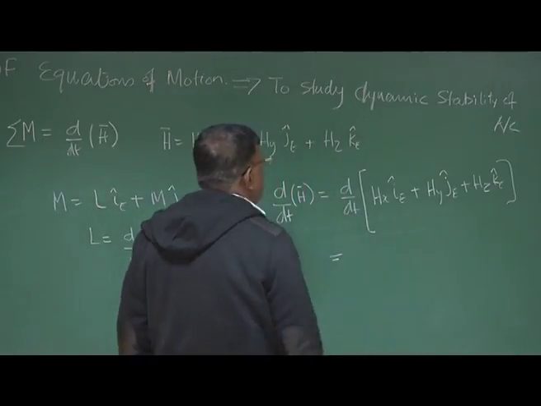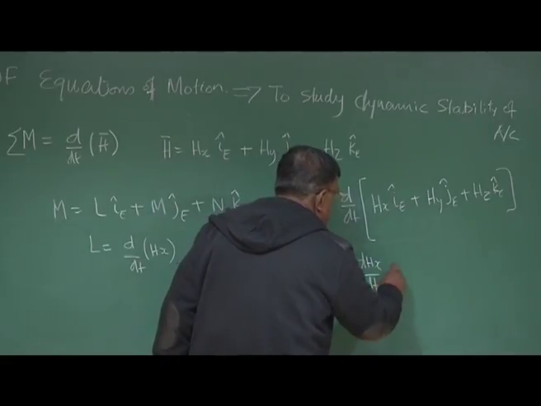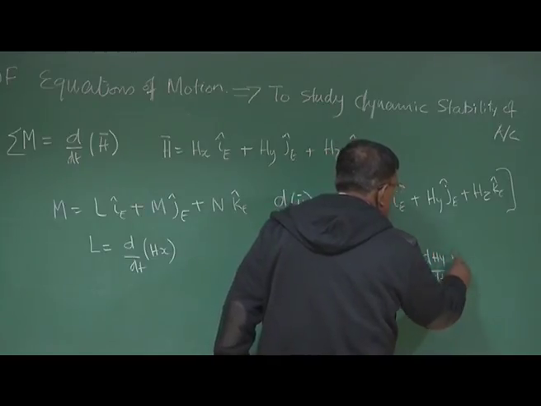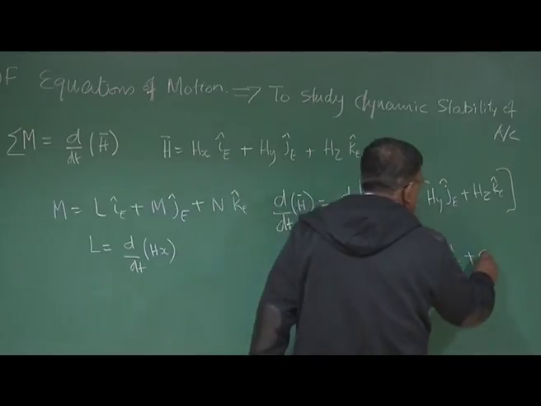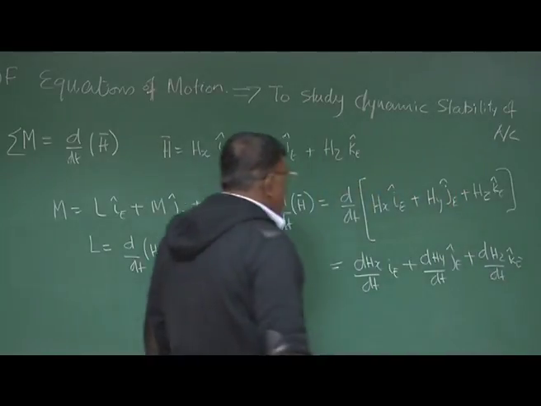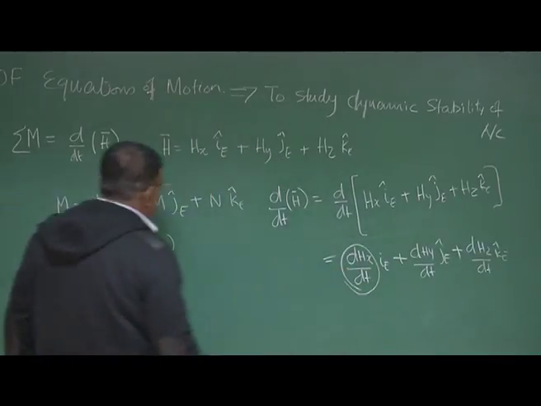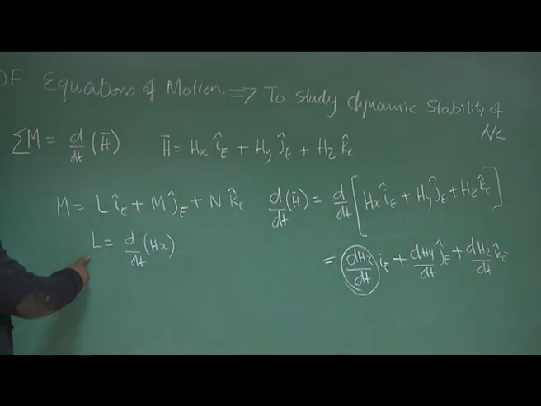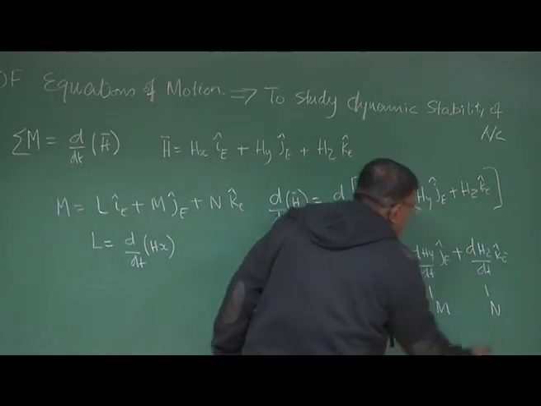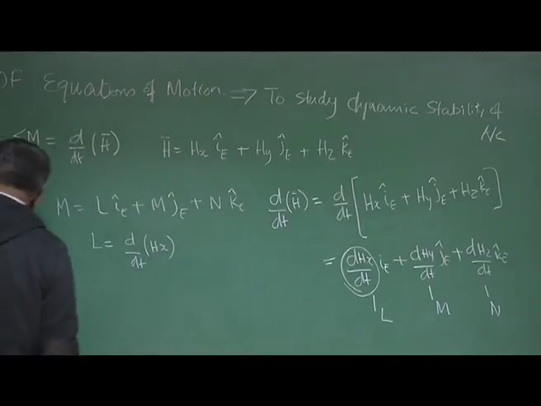If I expand it, I get dHx by dt IE plus dHy by dt JE plus dHz by dt into KE. No problem? Clear about it? For this I am writing L, for this M, and for this N. So I can write this as L IE plus M JE plus N KE.